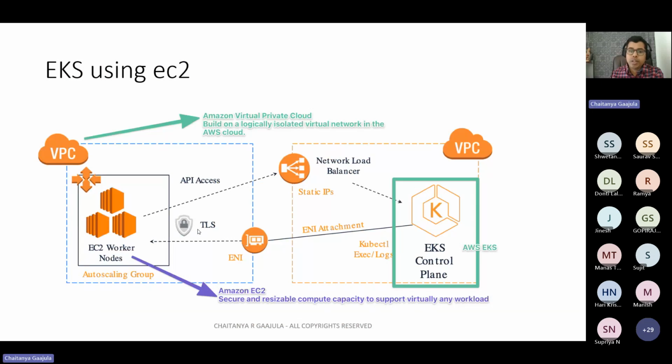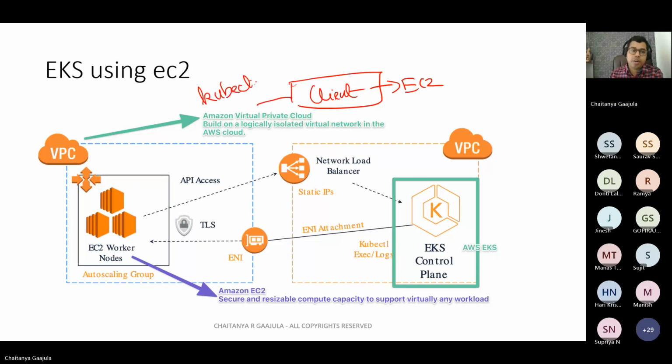So how does it work? For example, in this you would have a client machine. You create a client machine like EC2. When you log into the cluster or do some operations, like you say kubectl run a pod name, the request goes to one of the masters.